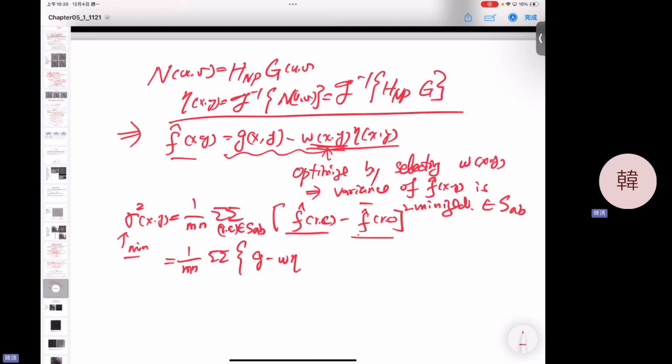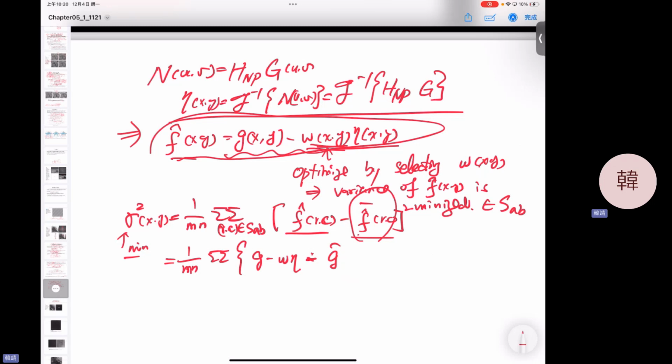And then minus the average of this sub-image. You take the average of this equation: G, take the average, becomes G bar, right?